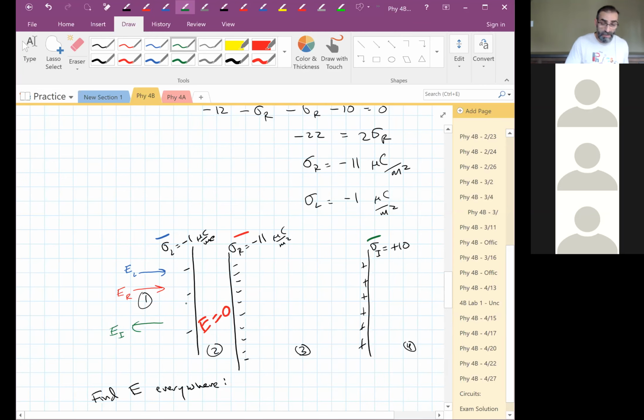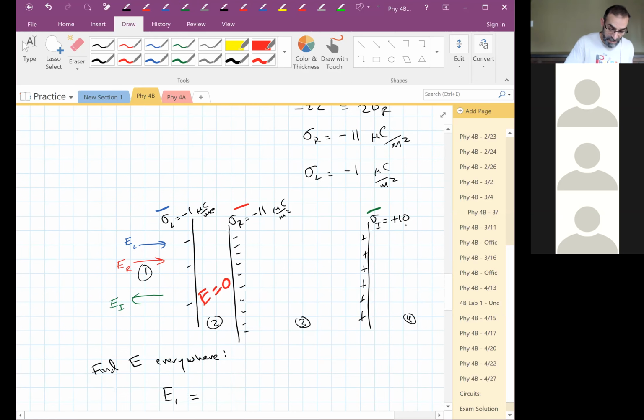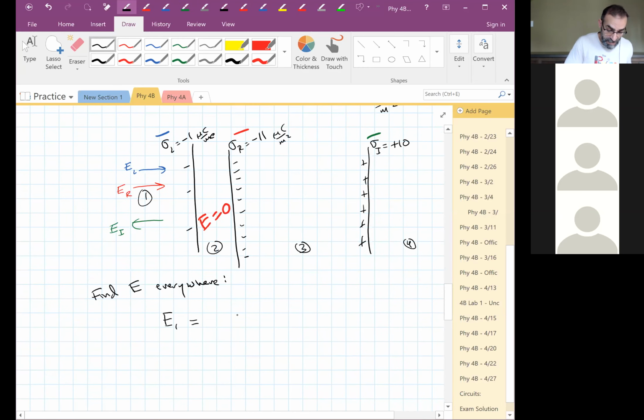So it's producing an electric field in this direction. Now I know, because I know the charges are positive and negative, I can actually assign the correct directions. So I know that this is going to be in the positive direction. You could do it either way.